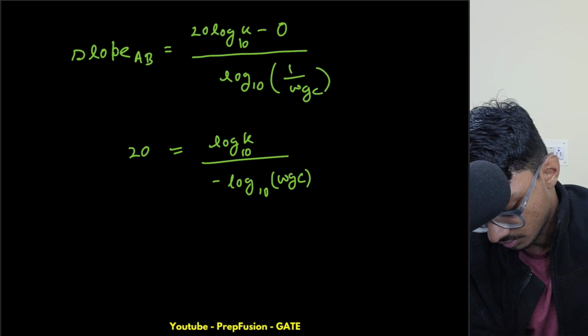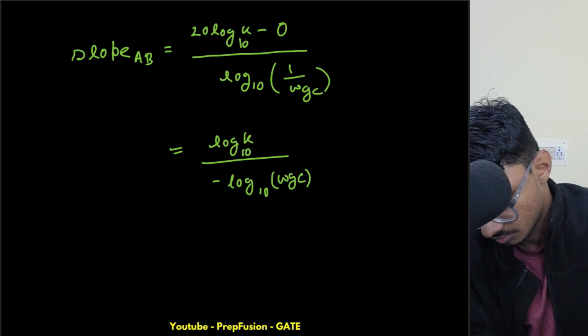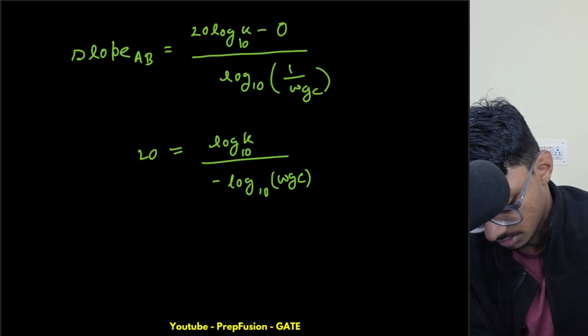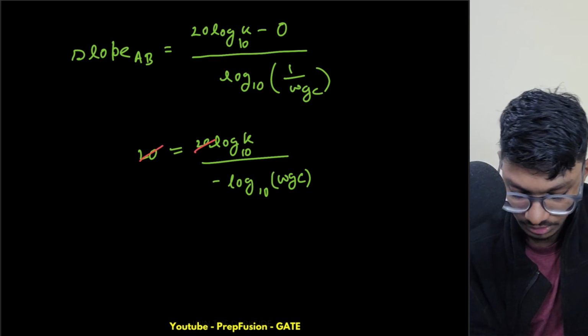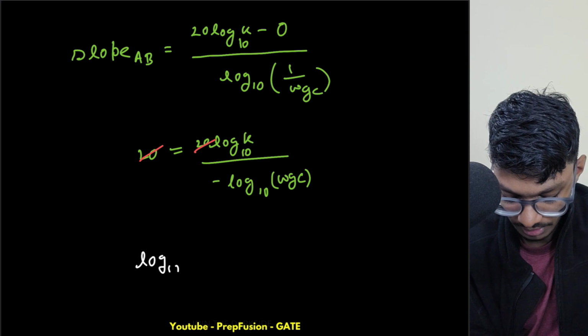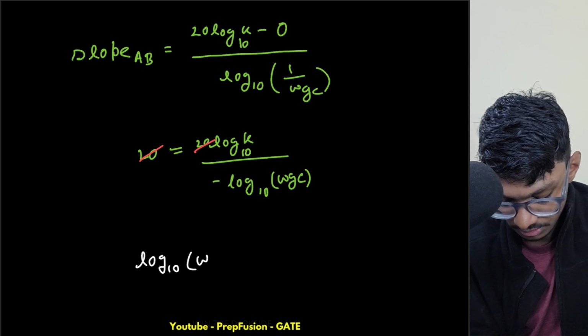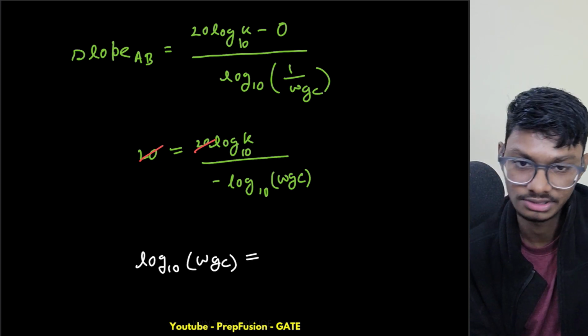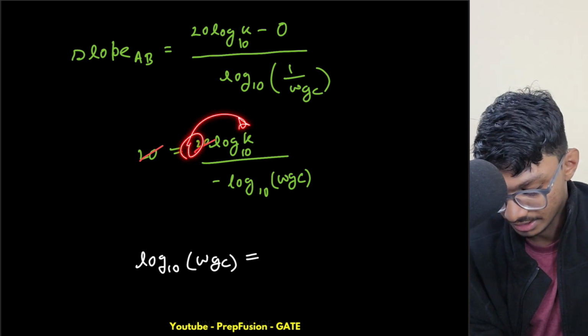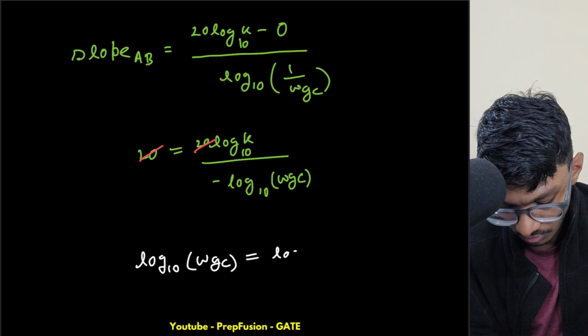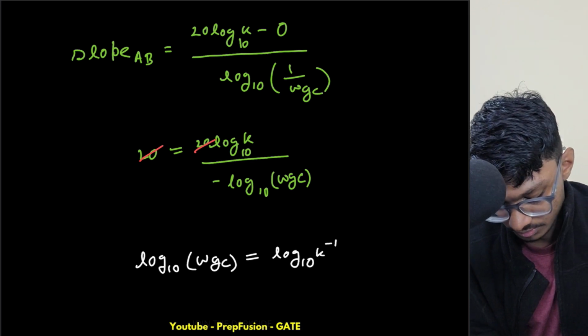This 20 got cancelled, so we are left with log of 10. I can bring this minus 1 to the other side, multiply by minus 1 on both sides, and take it inside. This will be log of k raised to power minus 1.